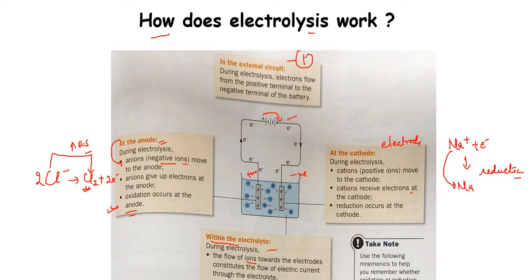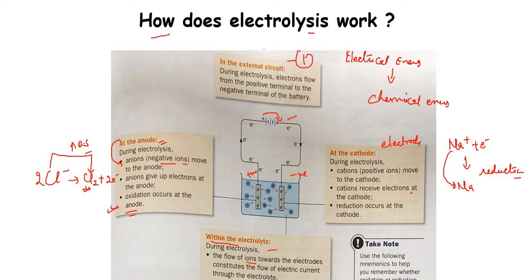So the ions are involved in this process, moving from one end to another. So what is electrolysis? Is it clear? In this process, as you can see with this example, electrical energy is converted into chemical energy.